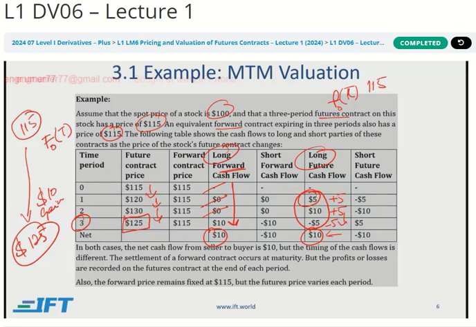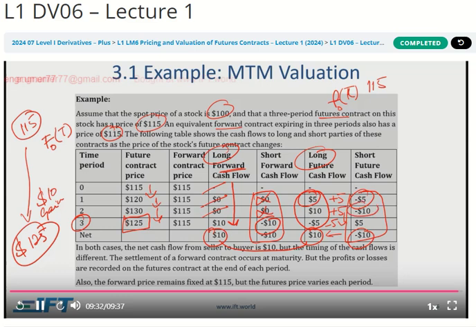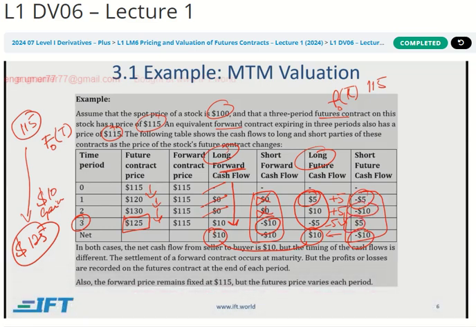So they both get to the same destination at the end of the day. It's just that the future comes there after having a daily adjustment, and the forward just directly comes to that point, right? And that can also be seen from the short party's perspective: the short forward has no adjustments in the middle, and directly comes to the -10, whereas the short future comes to the -10 going through -5, -5 and +5.